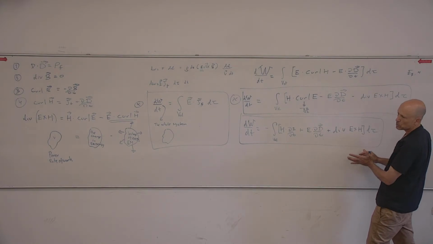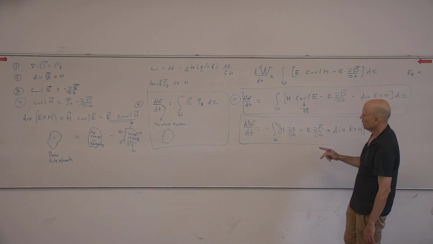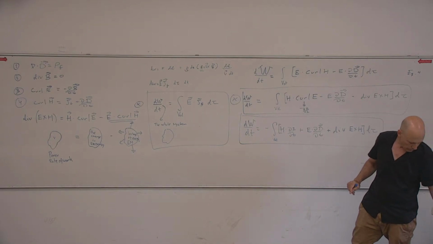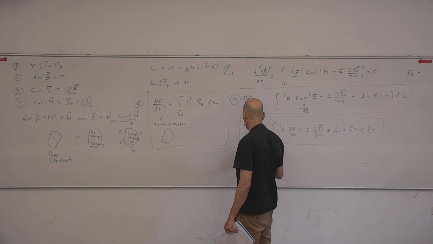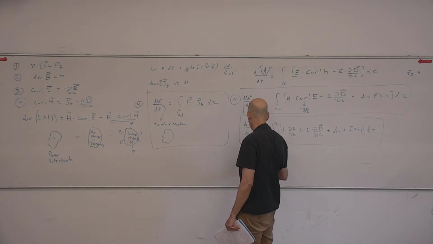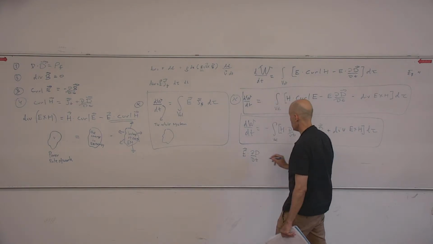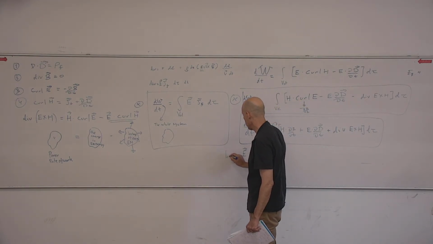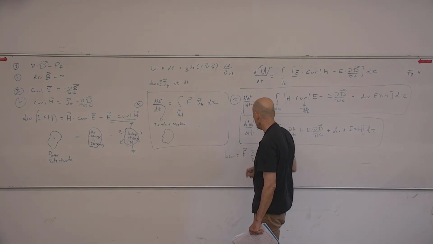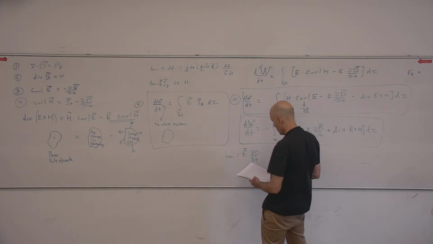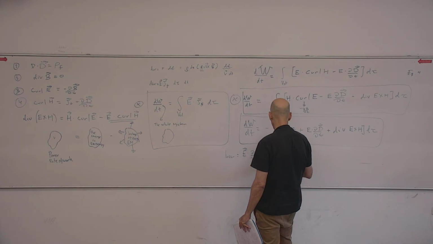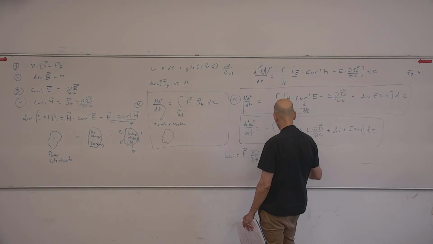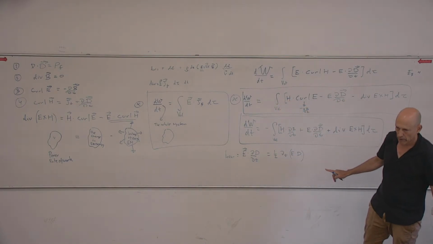So first of all, let us do it for linear material now. So for linear material, if you think about it for a second, E dot dD/dt, so this is general, but this is linear, is half d/dt of E dot D. Okay? Why?